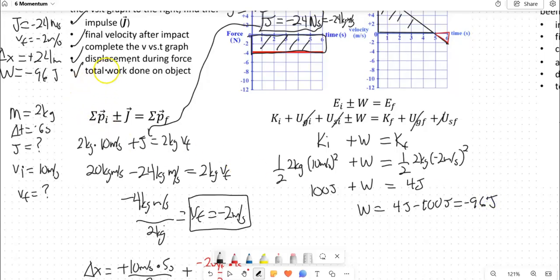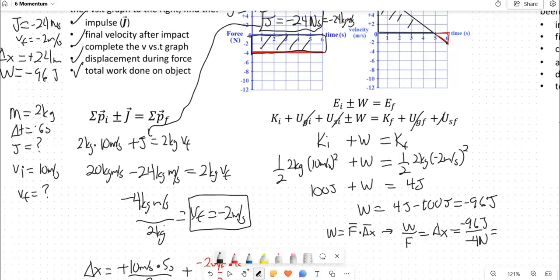So we could have just got the work first. And then, since work is equal to force dot delta x, and so work divided by force is equal to delta x, we could have got 96 joules, that is negative, divided by a force that is negative 4 newtons.